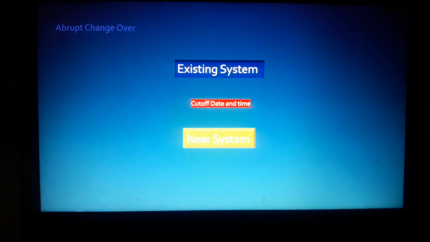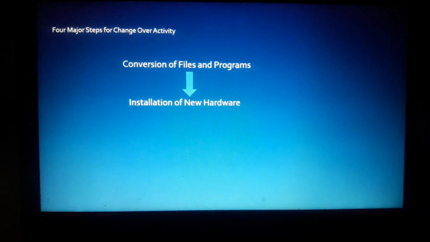Now we will see the steps involved in moving to the new system. There are 4 major steps for changeover activities. First one, you need to convert the files and programs. After that, you need to install the new hardware, OS, application systems and data, and you need to train the employees as per the new system.